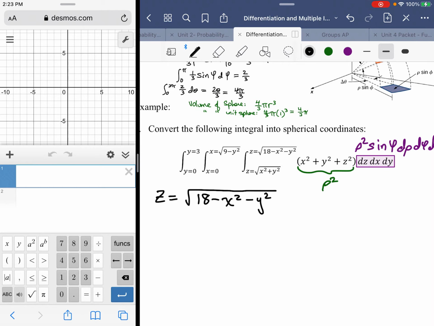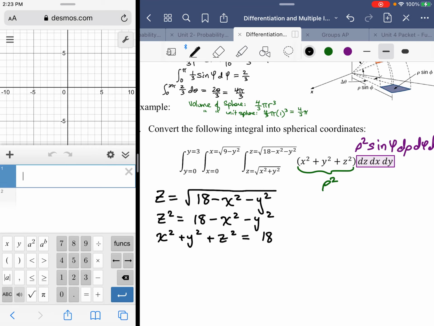So we're going to do a few different things there, but I think it makes the most sense to get it into a recognizable standard form. So I'm going to square both sides. Z squared is equal to 18 minus x squared minus y squared. So add everything to the same side except for the constant. So x squared plus y squared plus z squared is going to be equal to 18.